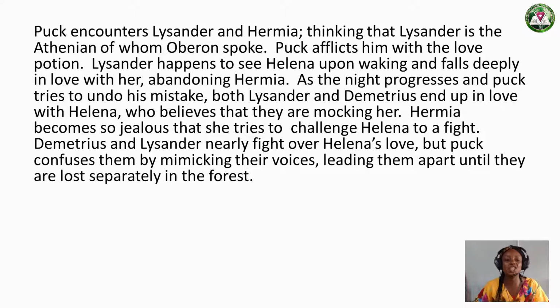Hermia becomes so jealous that she tries to challenge Helena to a fight. So the two friends now want to fight because of the love of the two men. Demetrius and Lysander nearly fight over Helena's love, but Puck confuses them again by mimicking their voices, leading them apart until they are lost separately in the forest.